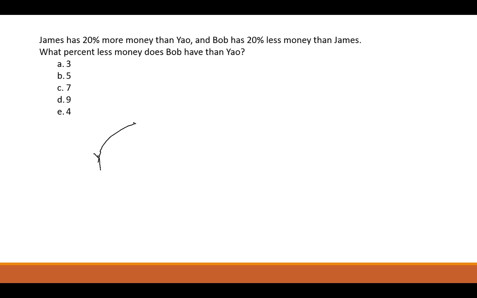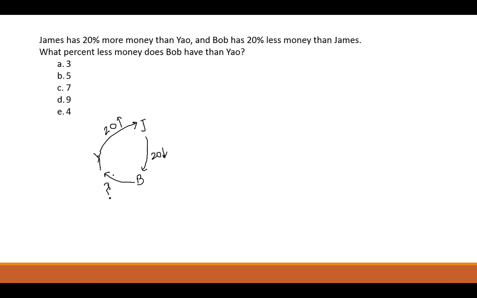From Yao we go to James, from James we come to Bob, and from Bob we again go to Yao. So we see a 20% increase here, a 20% decrease here, and this is what we want to understand.